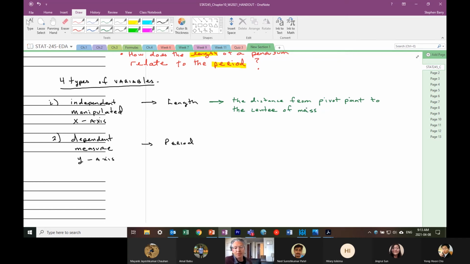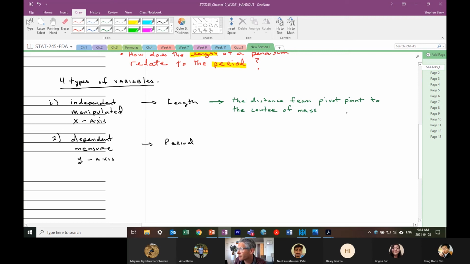When I did it, I attached a little piece of string onto a set of keys, and the keys are so much heavier than the piece of cord that for all intents and purposes, you can say that the cord doesn't weigh anything. So you want the mass to be much heavier than your cord.